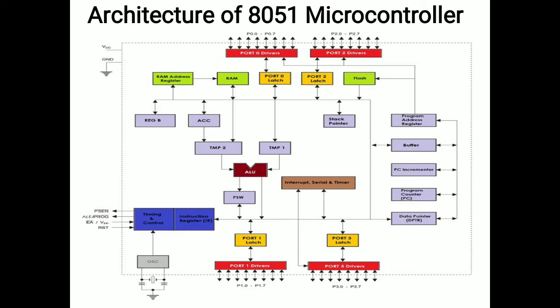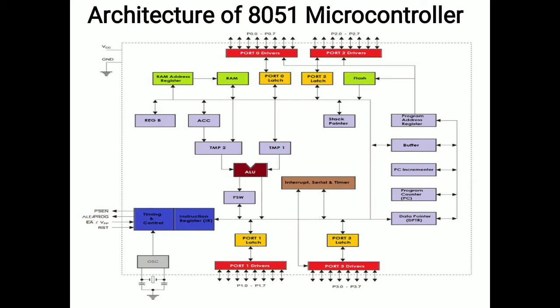So the buffer section is there, and as we know, memories are also available, that is program memory as well as data memory. Data memory is called RAM, and program memory is called ROM. To identify the address of a program memory, the program address register is there, covering the starting location through to the end of the program memory section.